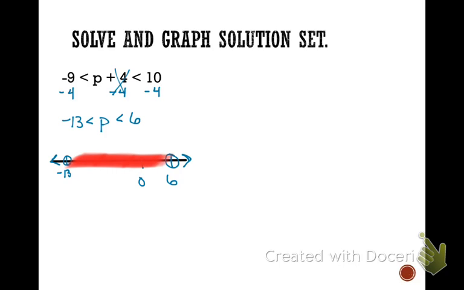Now, whenever I write this as an interval, it's real simple. Is it going to be parentheses or brackets on the end? Parentheses. So I'm going to have a parenthesis, negative 13, comma, 6, parenthesis. This here in black means the same thing as here in bluish green.